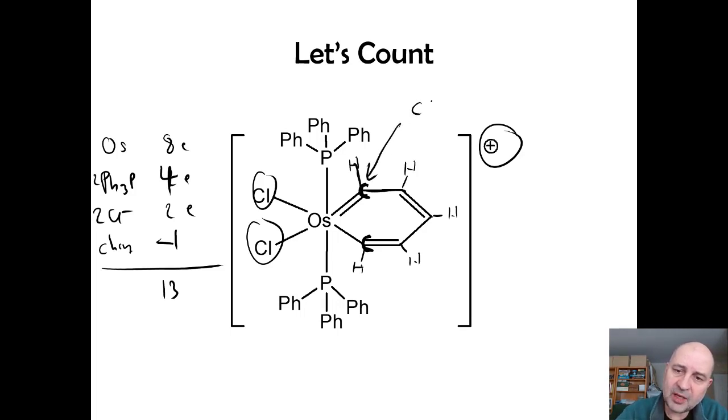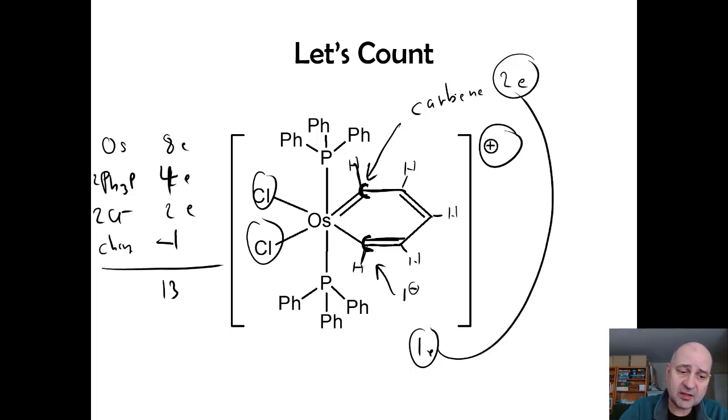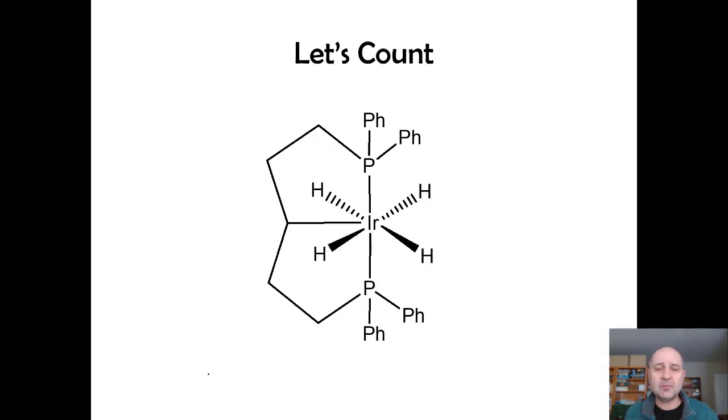So this is a carbene-like interaction, or 2 electrons, but this one is more because it has a double bond away from the metal, so this is more like an alkyl group. So this is the monoanionic 1 electron donor, so you get 1 electron here, which makes this an overall 3 electron ligand. So this would be a 16 electron species.